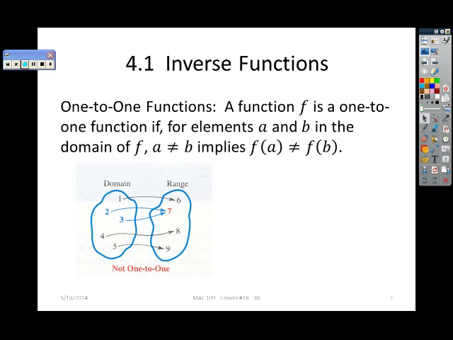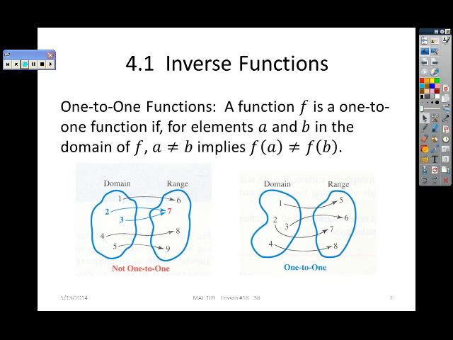The fact that we have two different beginning points going to the same end point is okay to be a function. But it's not one-to-one because we have two of them ending at the same point. What it takes to be one-to-one, it first has to be a function, and then it has to also satisfy this condition that there's only one arrow coming into a point.